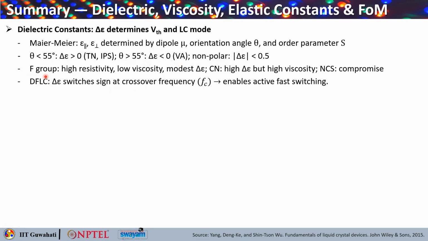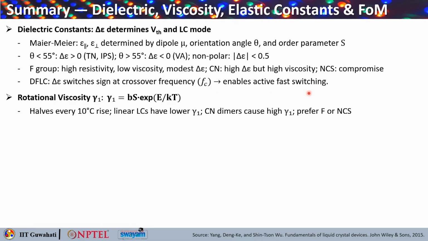Then F group has shown high resistivity, low viscosity and modest delta epsilon, whereas the CN mode has shown high delta epsilon, but high viscosity. So, if you see NCS, that is where the compromise is. We have also talked about DFLC, where the delta epsilon switches sign at the crossover frequency Fc. So, this basically enables fast switching.